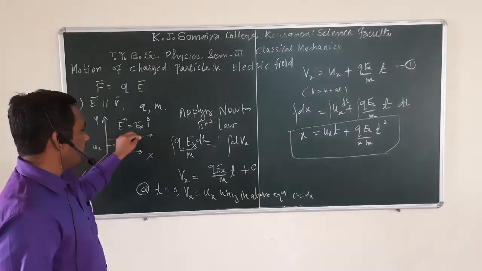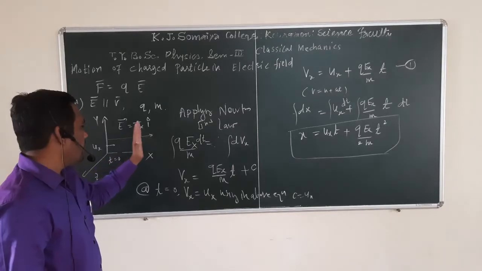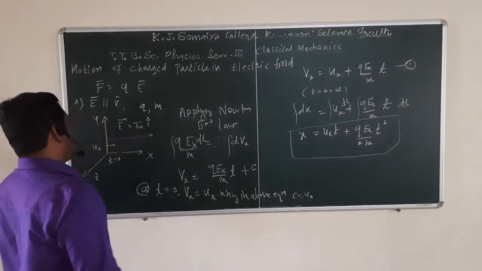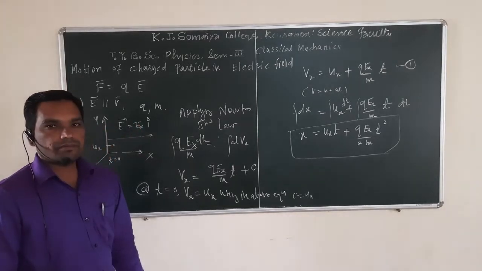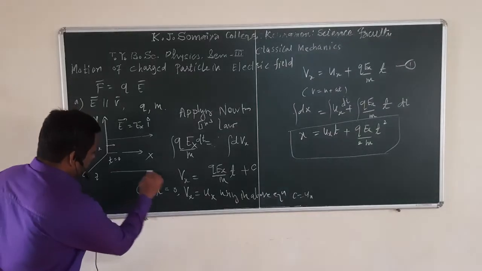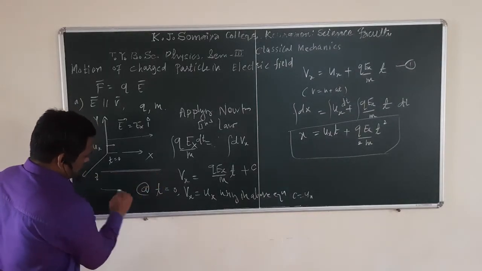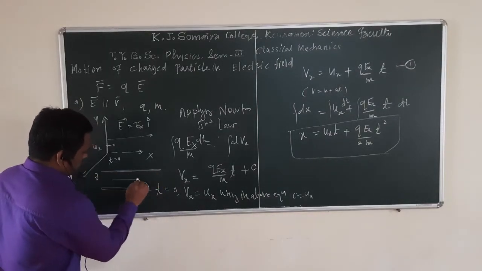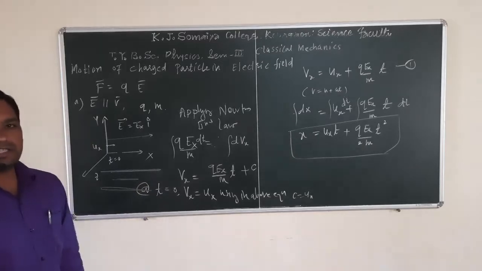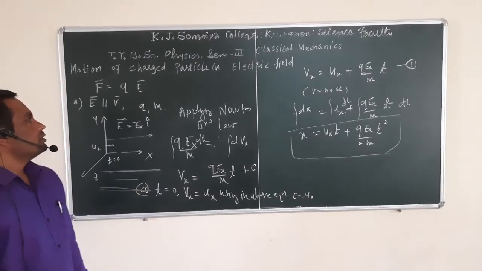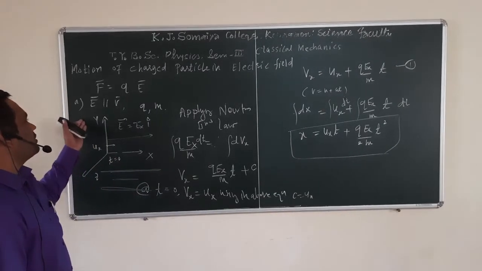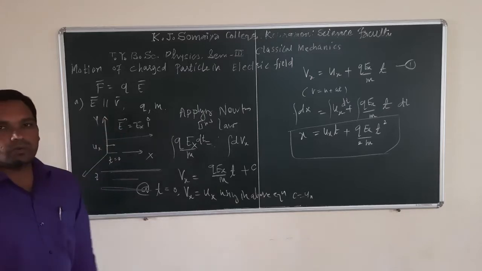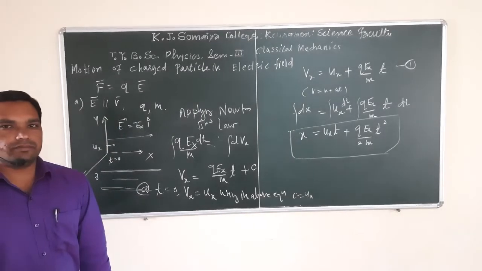At a certain point its velocity becomes 0, and from that point it will come back. So the trajectory will be like this for that charged particle. With this, we finish our section when the electric field is parallel to the direction of velocity.